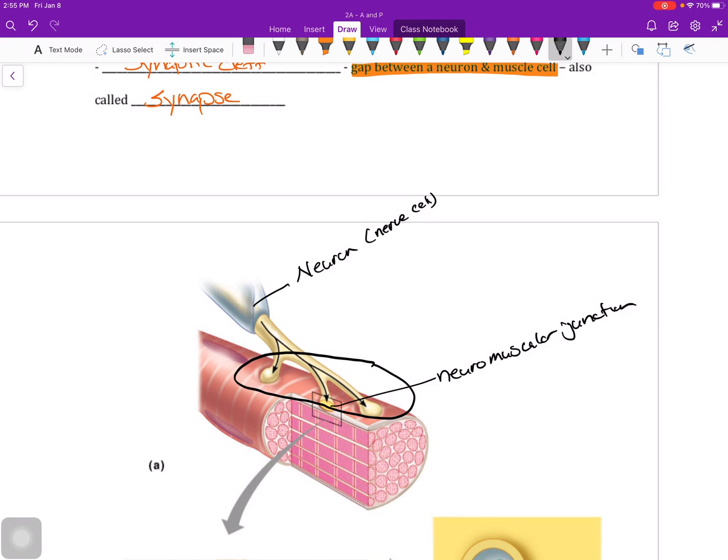Now, this entire unit here is called a motor unit. That's the one nerve and all of the muscle cells that it innervates.